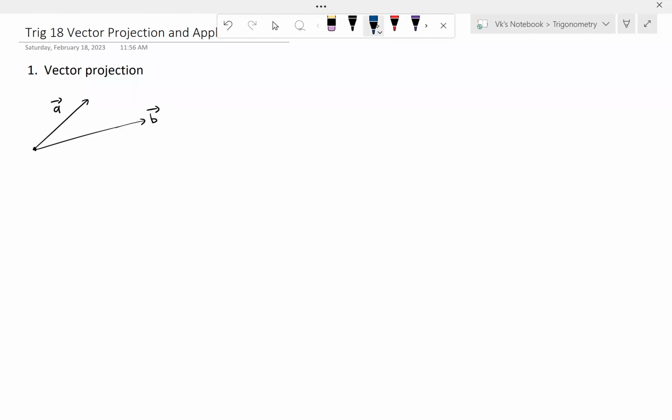Well, in order to do the vector projection, we have to project it onto B so that it makes a right triangle.